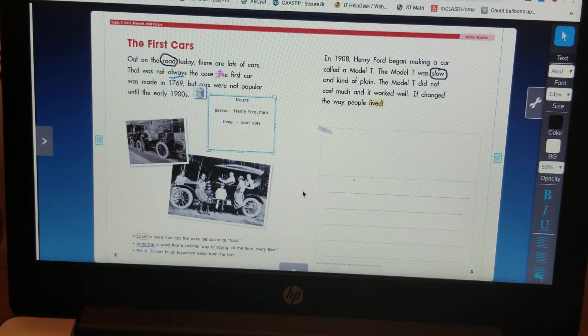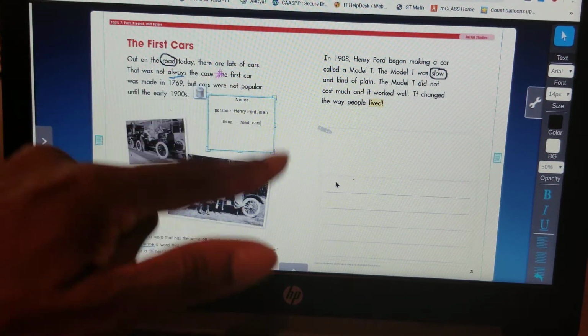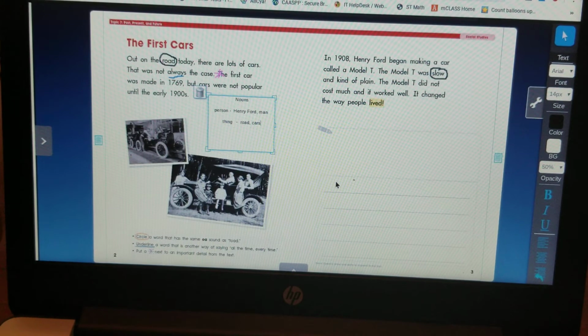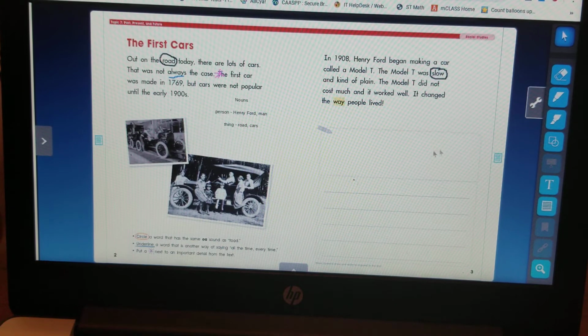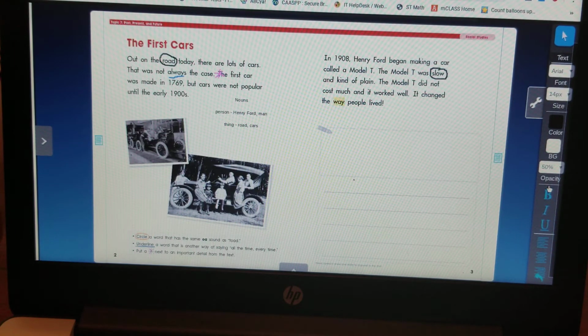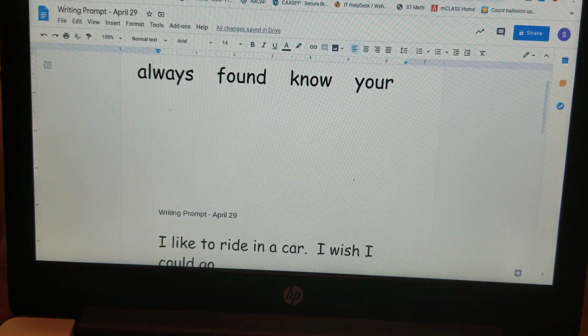Now, I want you to practice reading this story again today. You can continue to just use this as a reading practice. You're also going to do some writing. This is going to be your writing prompt.